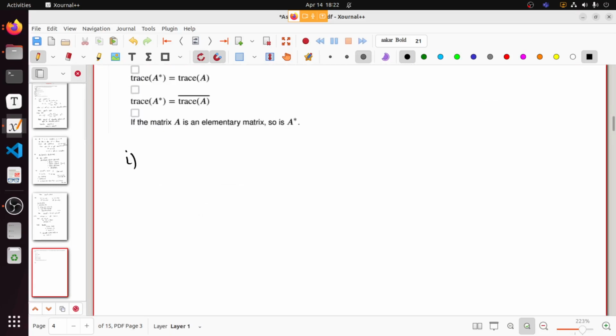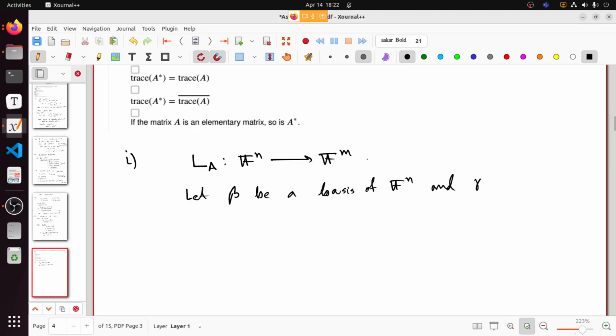So let's say LA is a map from some vector space Fn of dimension n to Fm, right? And let beta be a basis of Fn and gamma be a basis of Fm.